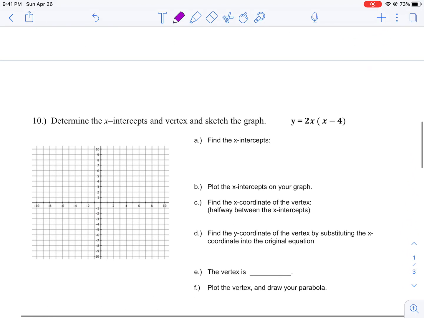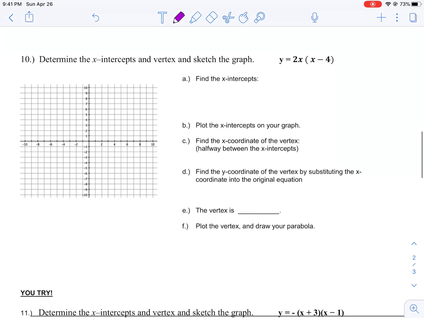Okay, number 10. Same thing. We're going to find our x-intercepts by setting each factor equal to 0. So set this factor equal to 0. Divide by 2, right? 0 divided by 2 is just 0.